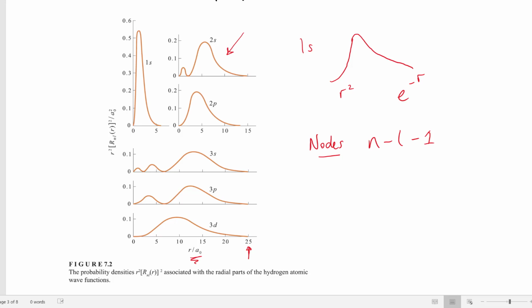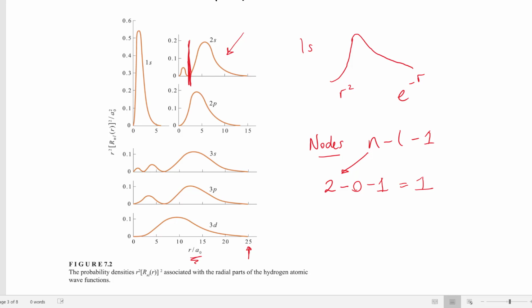We say, well, there's a node right in here. Okay, that's the only node we see. So again, remembering 2s, well, the 2 is the n number, and the s represents l is equal to 0. So we have 2 minus 0 minus 1, and that's equal to 1 node. And there's our single node right in here in the image.